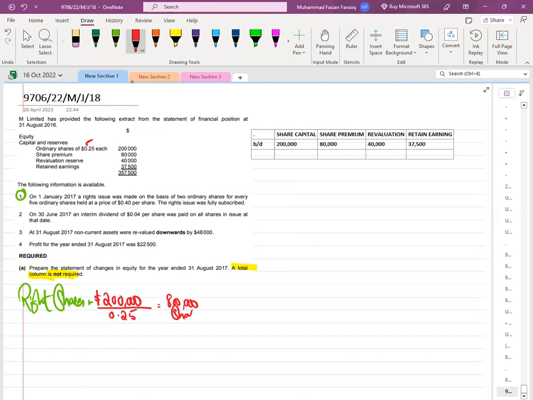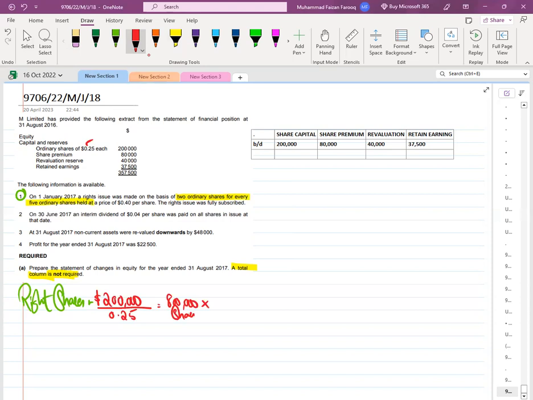We already issued, and the right is one right on the basis of 2 ordinary shares for every 5 shares held. If I just highlight it, 2 ordinary shares for every 5 held.